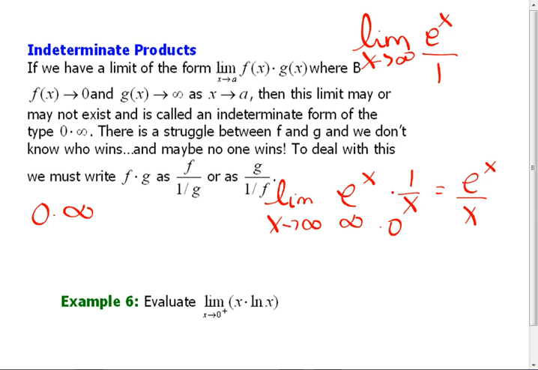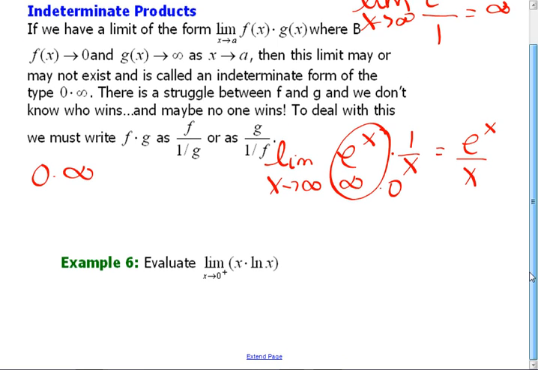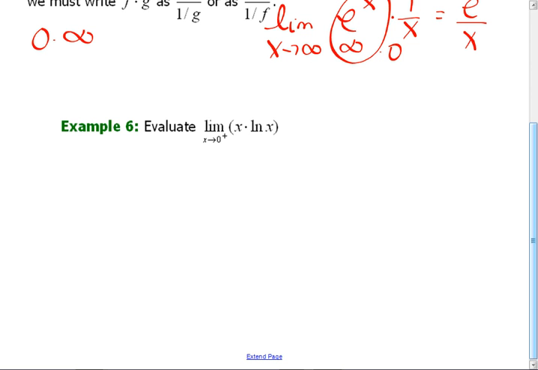What's that limit? Not 0. It's infinity. This infinity is way stronger than the 1 over x. So 0 times a number is 0, but 0 times infinity is indeterminate. I don't know what it is. So what you have to do, really what I did right there, was write this as a fraction rather than a product. So the answer is infinity.